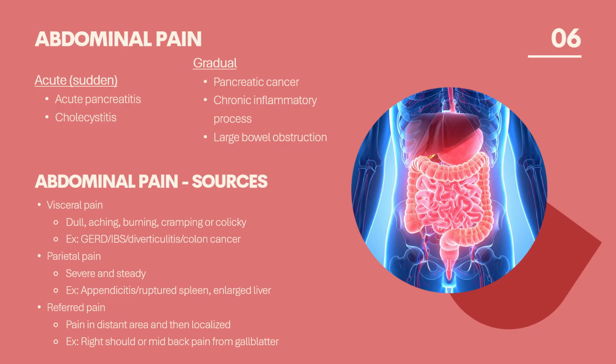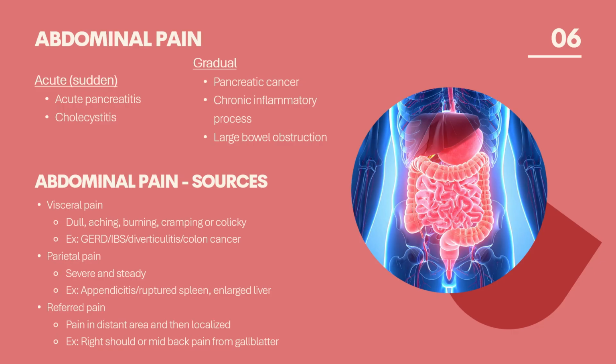Common causes of acute pain would be acute pancreatitis, cholecystitis, possibly a perforation, maybe an obstruction, some type of rupture or torsion, an ectopic pregnancy rupture, renal colic or kidney stones.